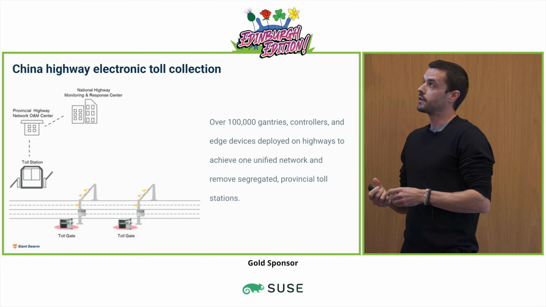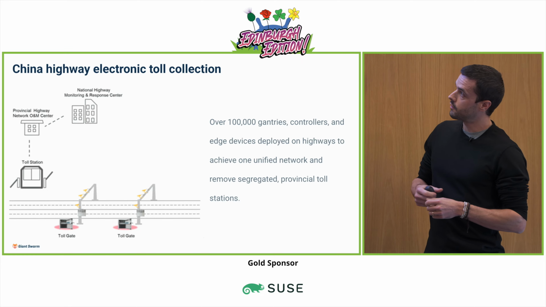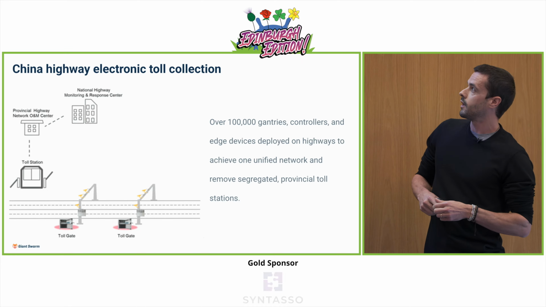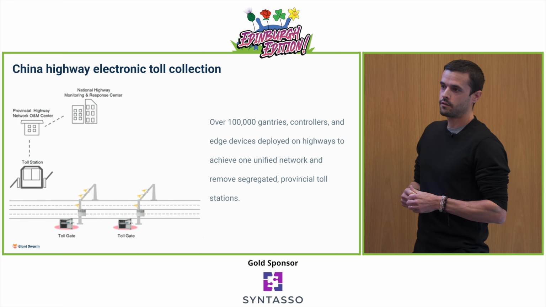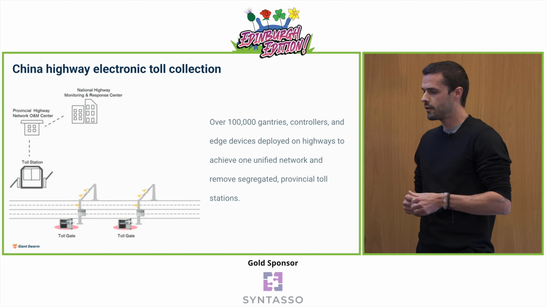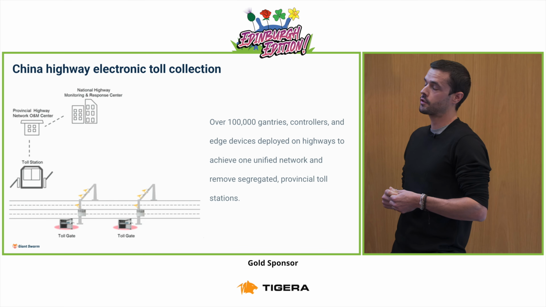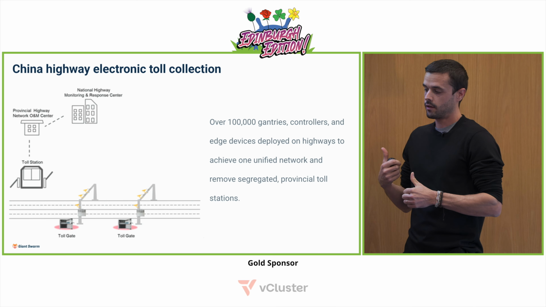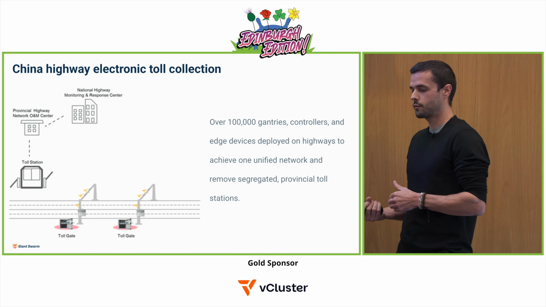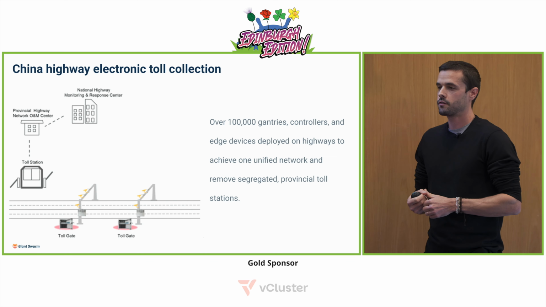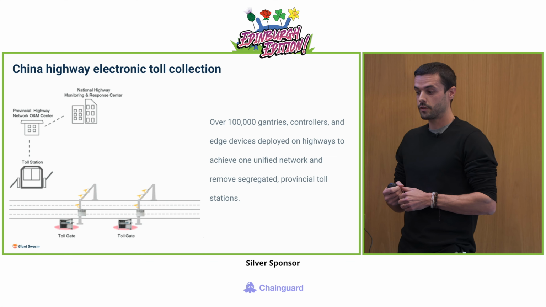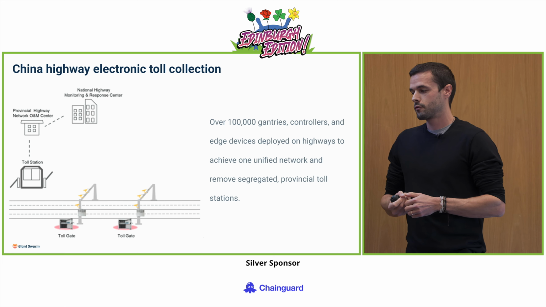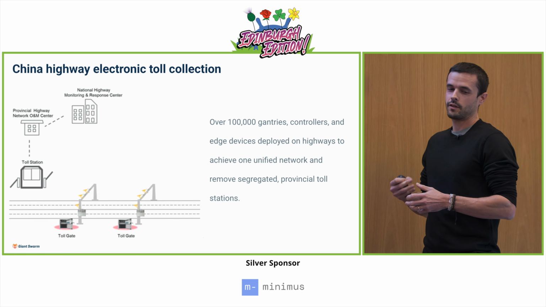However, it was replaced by these overhead gantries that you can see on screen, with mounted cameras that perform license plate recognition. This runs on over 100,000 KubeEdge nodes, running 500,000 edge applications. To put that into perspective, it generates and processes around 300 million data points every day, and it is said to have improved traffic efficiency at toll stations over 10 times.